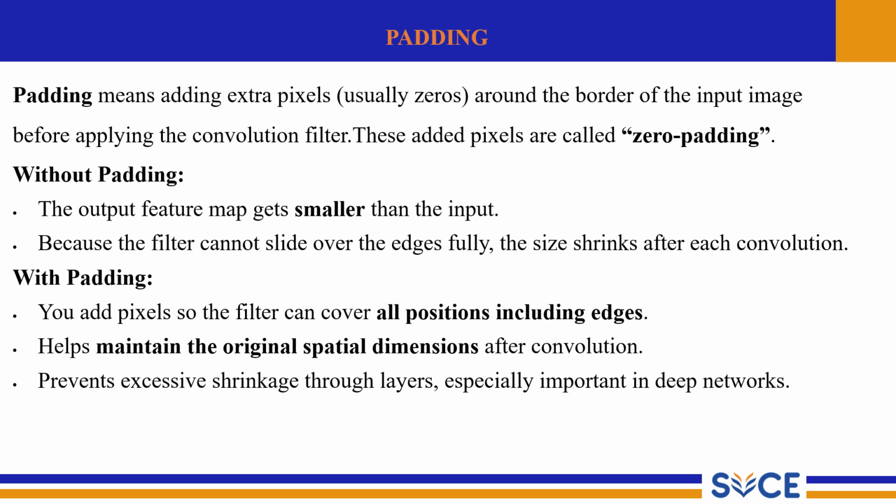Padding helps preserve edge information, prevents excessive shrinking of feature maps, and allows deeper networks to be built without losing spatial resolution too quickly. This is why padding is especially important in deep convolutional neural networks, where multiple convolutional layers are stacked together.